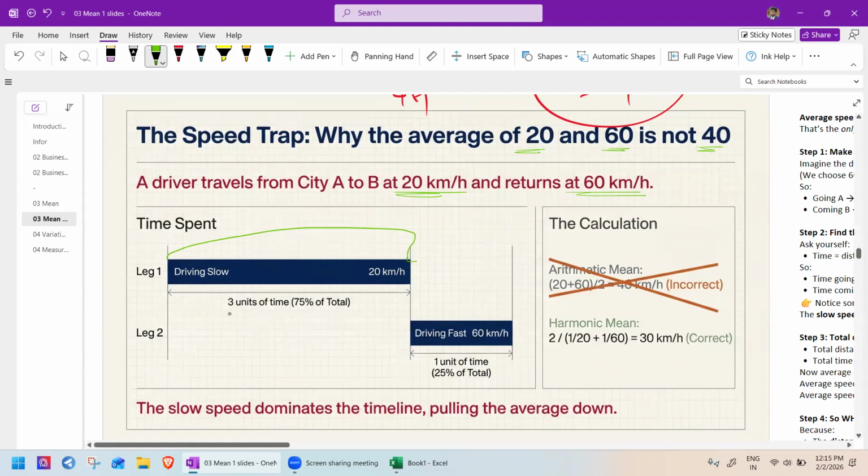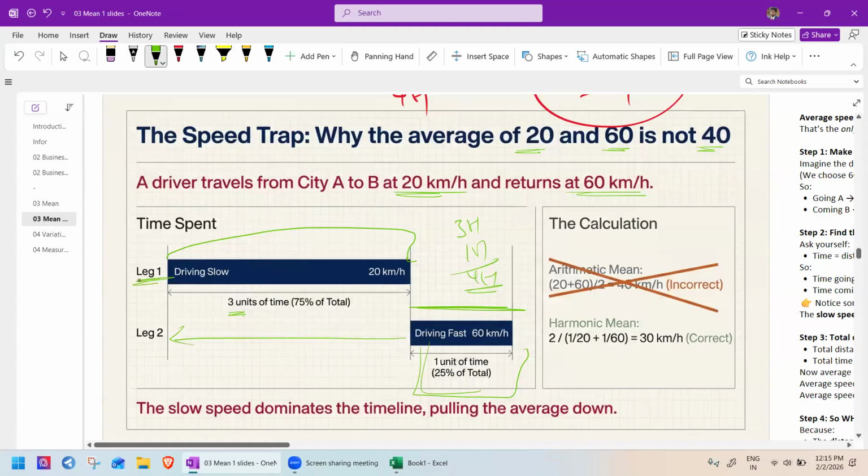For example, 3 hours for this and 1 hour for the return. Altogether 4 hours. Out of 4, the return is 1/4, 25% of the time, and the balance is 75% of the time.